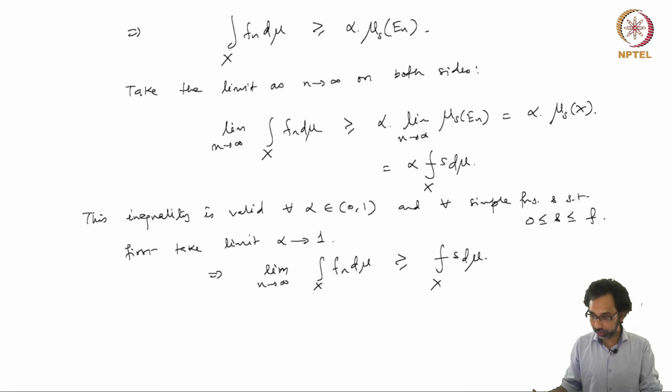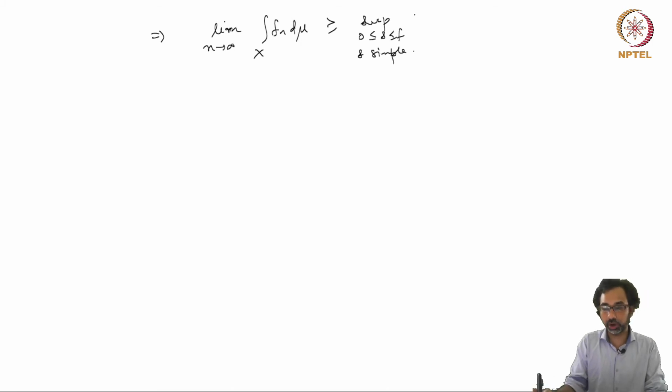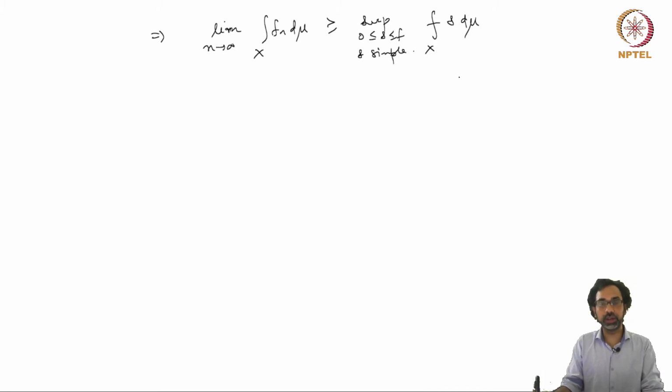And so therefore, since this is true for all s, we can also take the supremum on the right hand side of the inequality. So this implies that the limit as n tends to infinity of the integral of f_n d mu is greater than or equal to the supremum over the set of such simple functions which are pointwise bounded by f, of the simple integral of s, and this is nothing but the integral of f d mu.